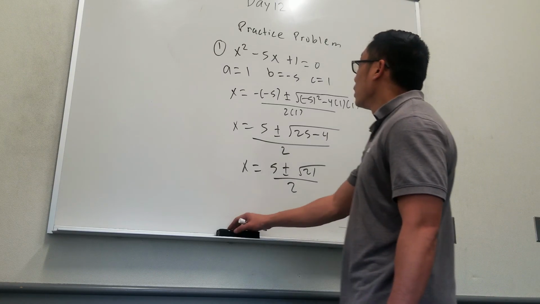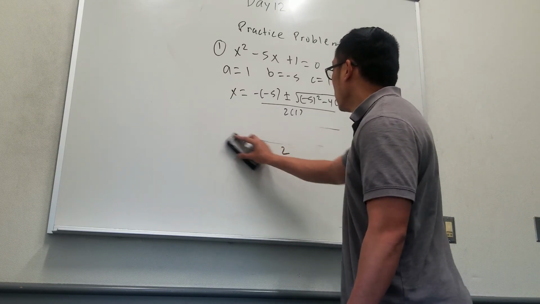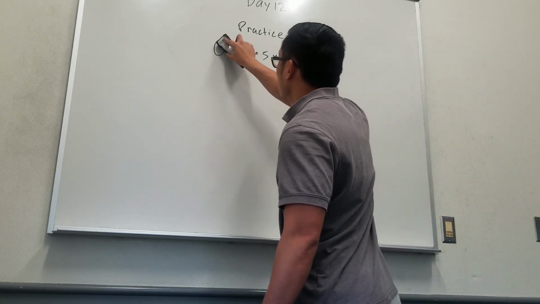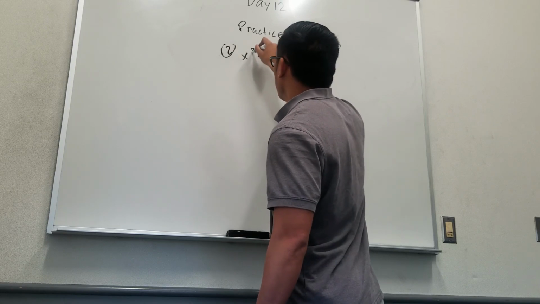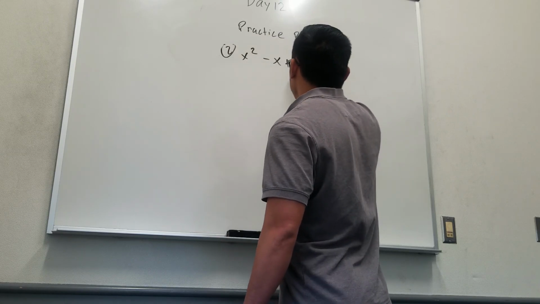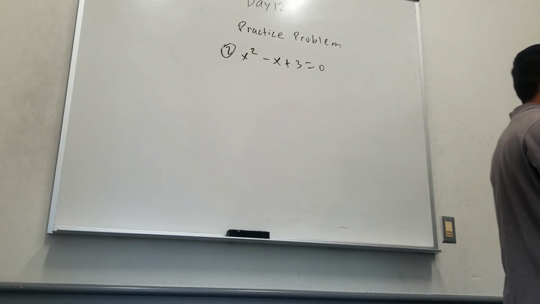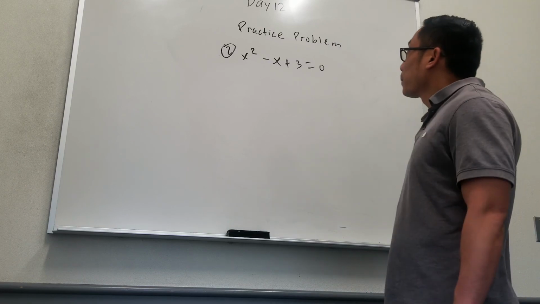Okay. Now let's do the next one. Hopefully you copied it. If not, it's okay. Try it out. So now we're at 2x squared minus x plus 3 equal to 0. Pause the video if you haven't tried it.